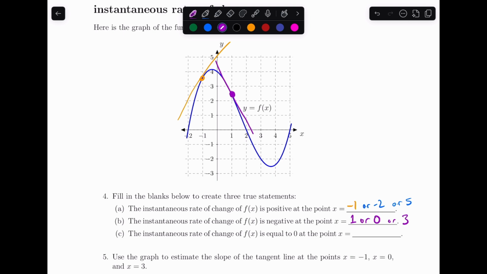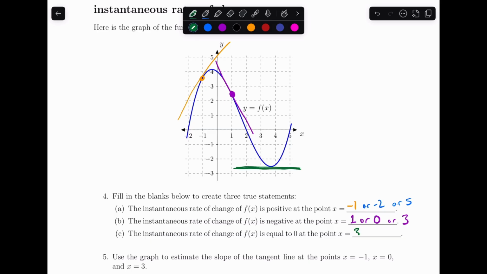And then part C, the instantaneous rate of change is equal to 0, we need a horizontal tangent line. So where do we see that? Well, maybe somewhere like the bottom of this dip. So around, I don't know, 3.75 or something.